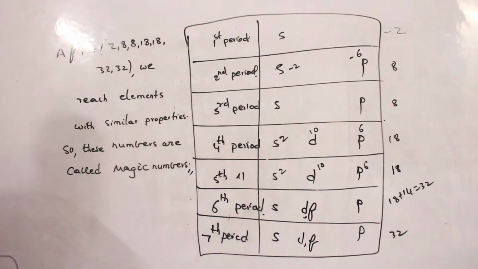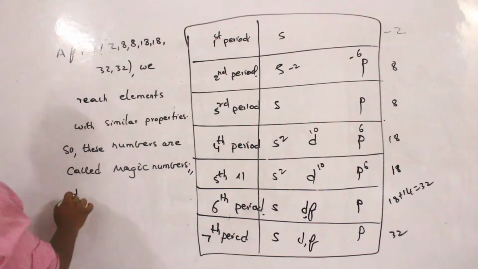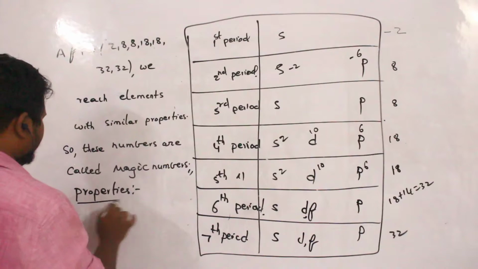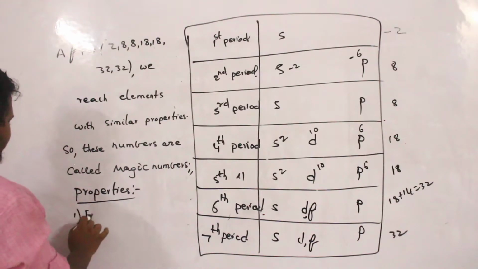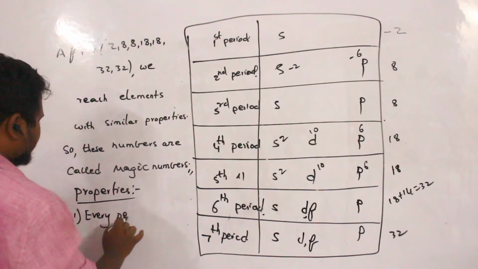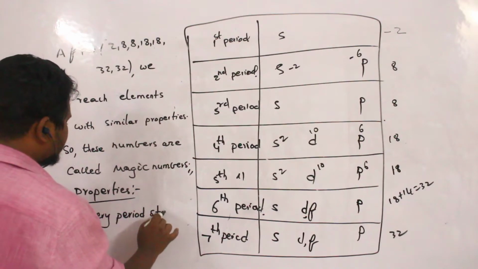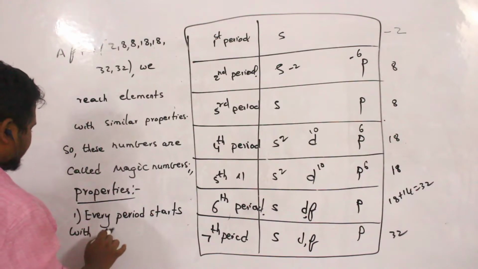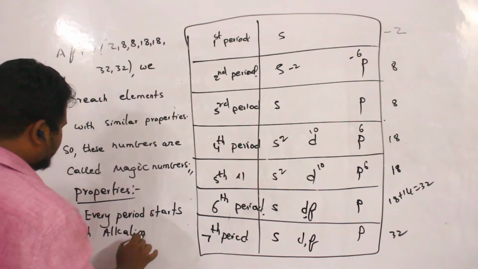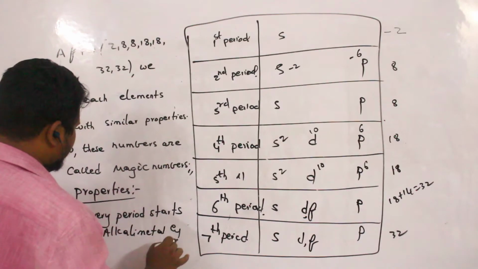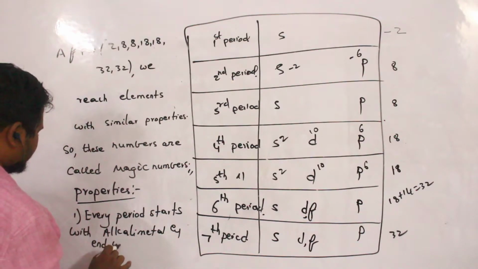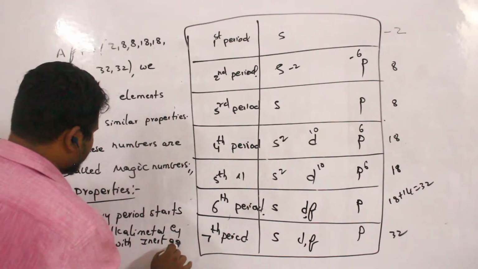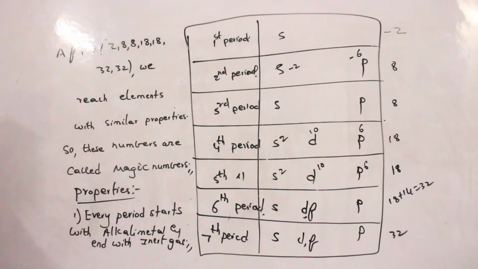Now, write some of the properties of this modern periodic table. Every period starts with what? Alkali metal, and ends with inert gas. This is one of the principles of the modern periodic table.